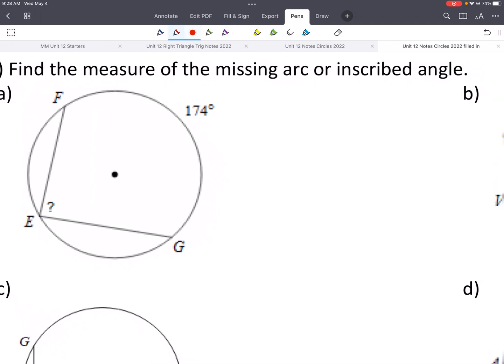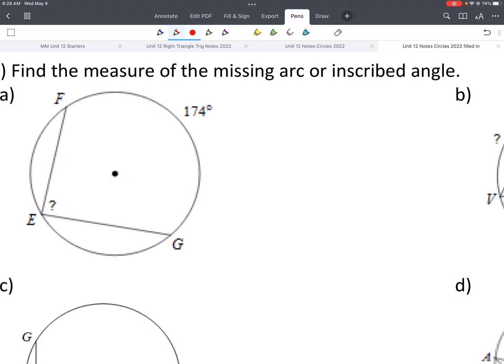Okay, so they want us to measure the missing arc or inscribed angle. So again, this isn't too bad. How is this angle related to its arc? Well, we know that it's an inscribed angle, so the angle has to be half of the arc.